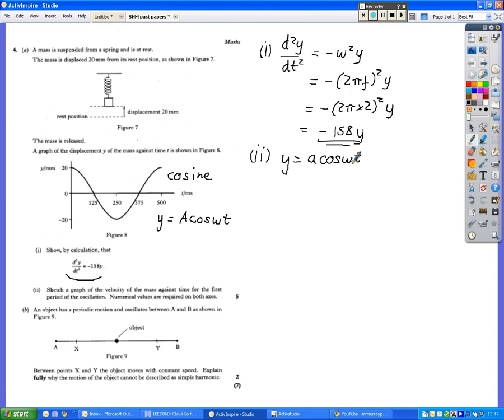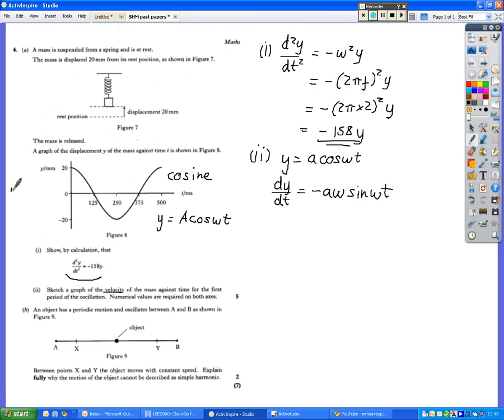So if we want velocity from that, all we need to do is differentiate. So it's dy by dt, because we're looking for a graph of velocity and we must put in numerical values, so we're going to have to calculate out something for velocity here. So we need to start off by getting an expression for that. So differentiate that, you get a omega sine omega t, and it's at this point that you're really looking at when you're going to have your maximum value, because from that you can calculate what the shape is going to be like, because you know that it's going to be a sinusoidal shape.